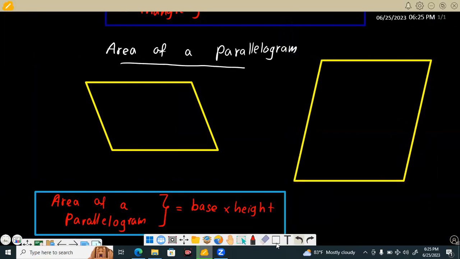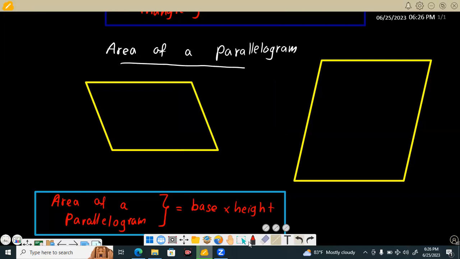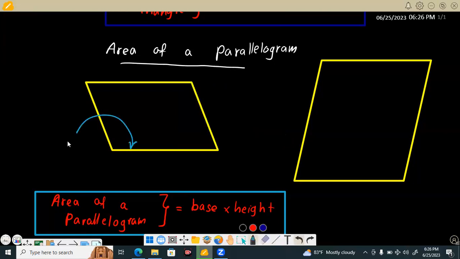So when you consider a particular side as its base, as we did in the previous case, here you may think I consider this side as base. Then what is the perpendicular height?